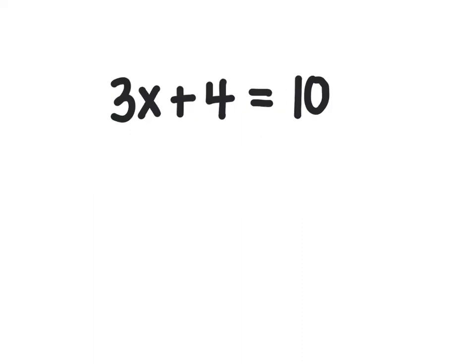This equation will require us to do a couple different steps. 3 is multiplying the x, and 4 is adding to the 3x. So we are going to have to do the opposite of both of these operations. Like we said before, we'll do BEDMAS backwards here. So we'll need to get rid of the adding and subtracting to get the variable term alone first before we divide or multiply.